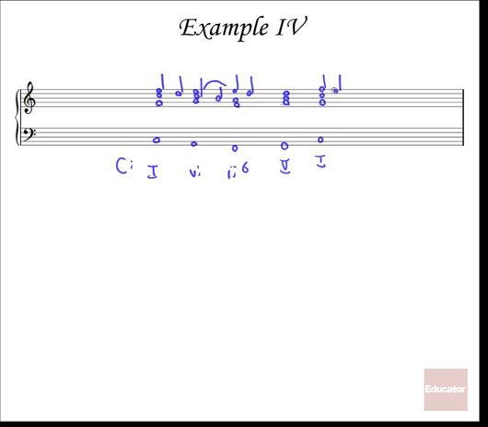Okay, so they're pretty easy to spot the non-harmonic tones because they're where the whole notes are divided into half notes. But let's see which one is which.